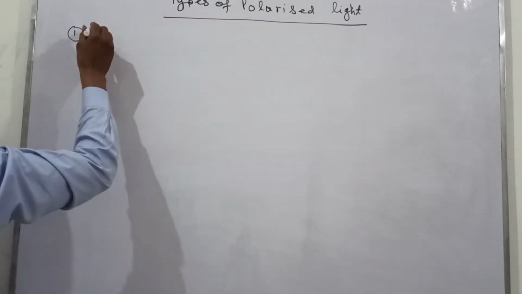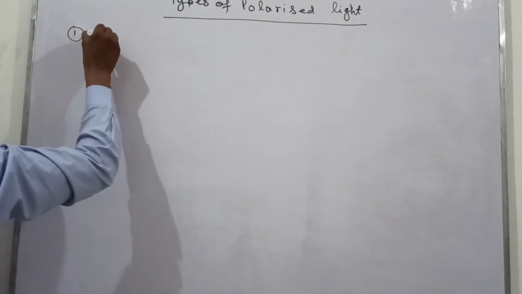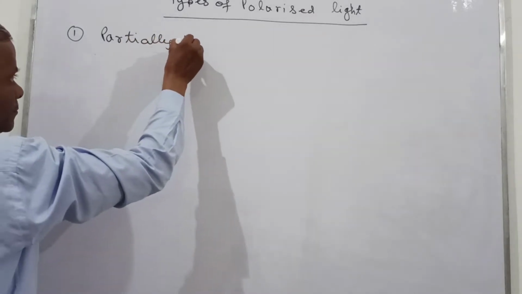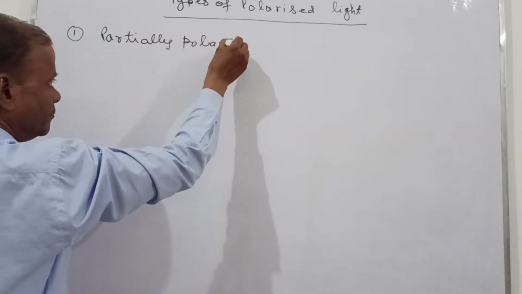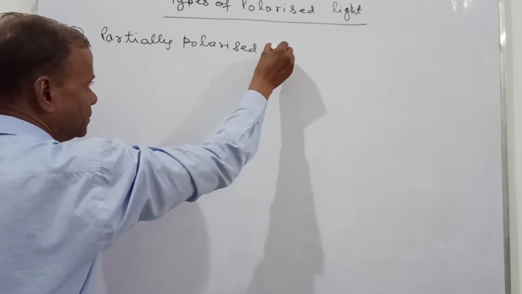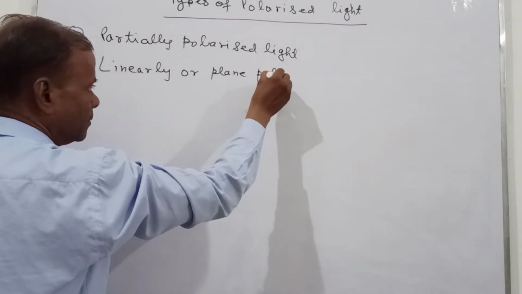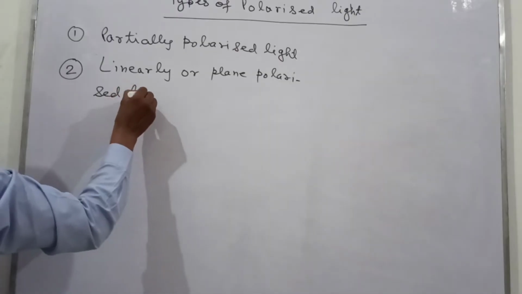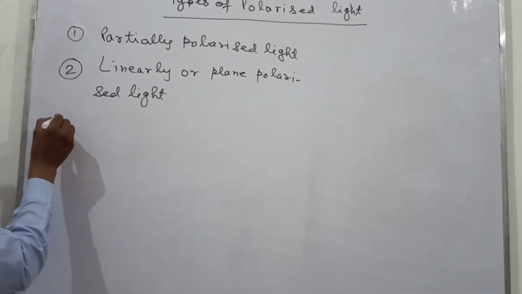Number one, partially polarized light. Number two, linearly or plane polarized light.